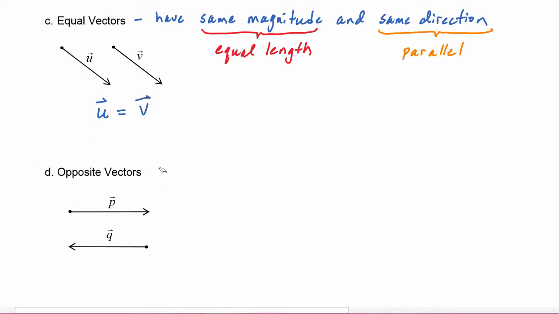Two vectors can also be opposites of each other. And what that means is that they have the same magnitude, but they have opposite direction.